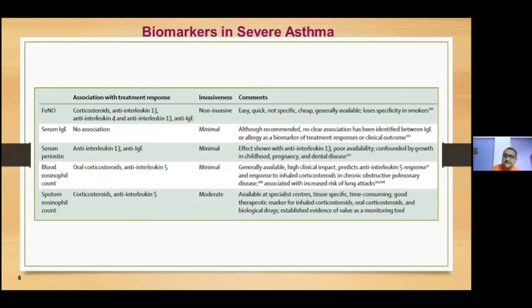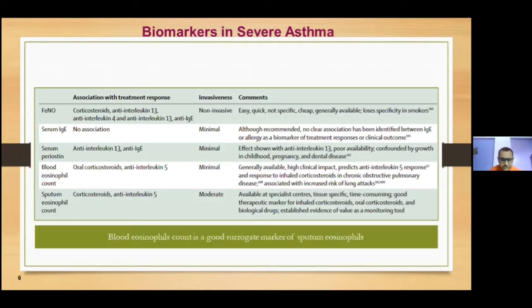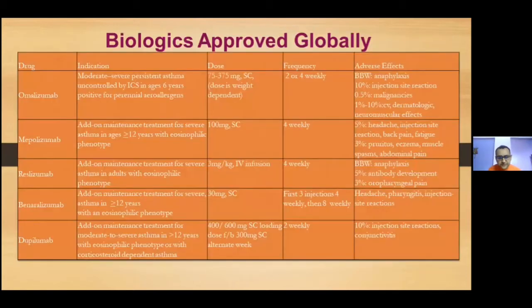There are some studies that suggest if the FeNO level is more than 20 parts per billion and blood eosinophil count is more than 260, that significantly predicted those who respond with a reduction in exacerbation by the use of biologics. And this is a very cheap method, the calculation of blood eosinophil count, which is a good surrogate marker of sputum eosinophils.